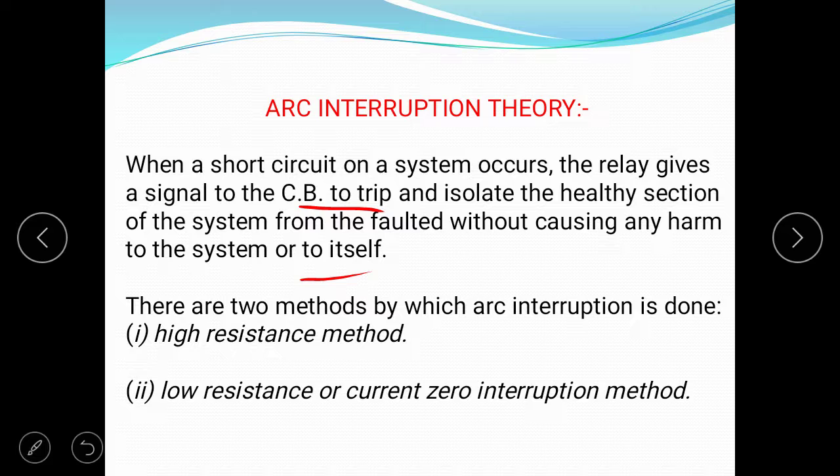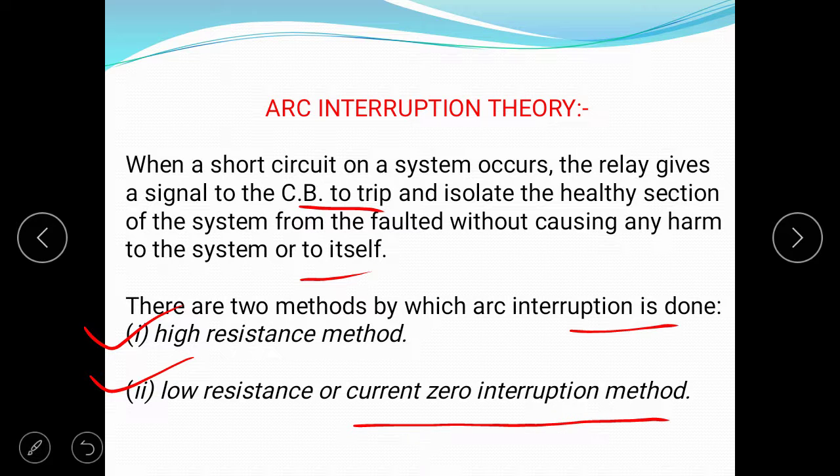So there are two methods by which arc interruption is done. One is high resistance method and second is low resistance method, which is also known as current zero interruption method.